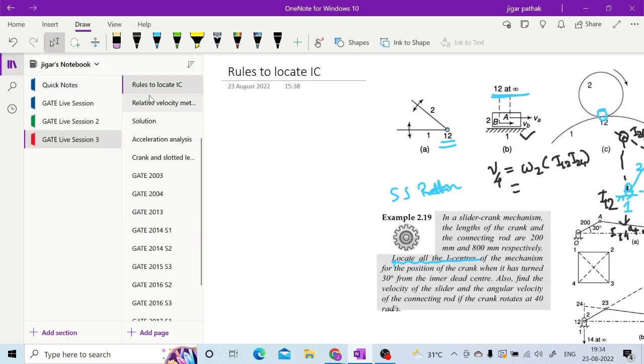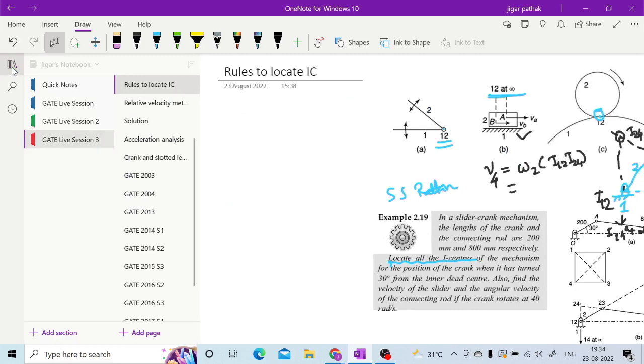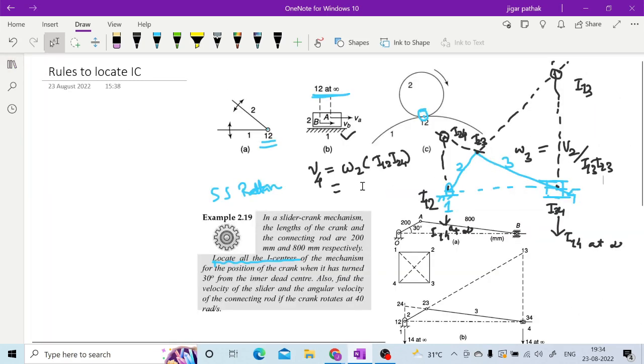Can you explain this again, sir? How is the expression V4 equal to omega 2 written, please? The velocity of the fourth link, V4.